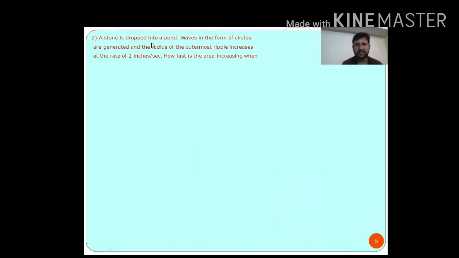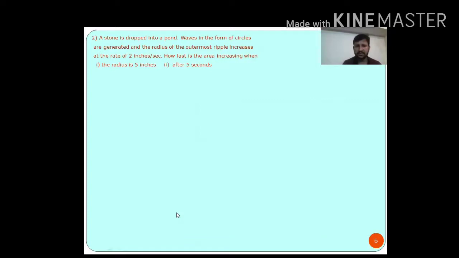How fast is the area increasing when, first condition, the radius r is exactly 5 inches, and second condition, after 5 seconds? Find the value for dA by dt.